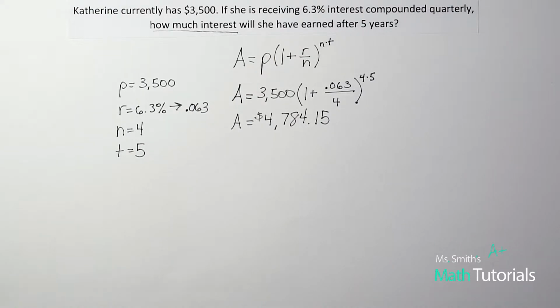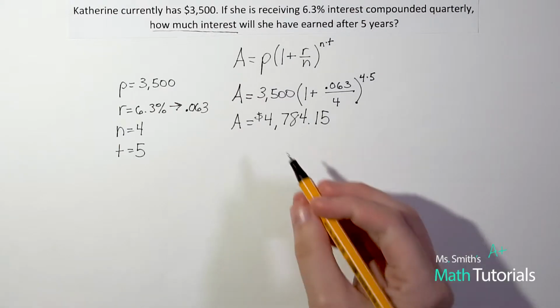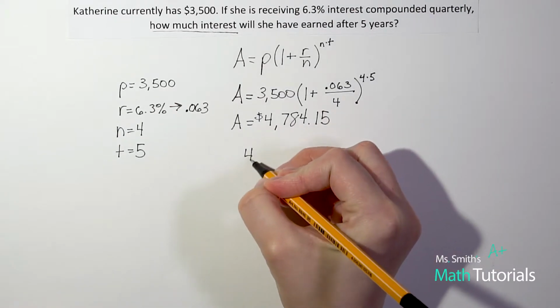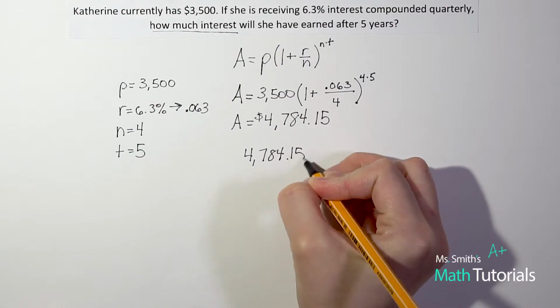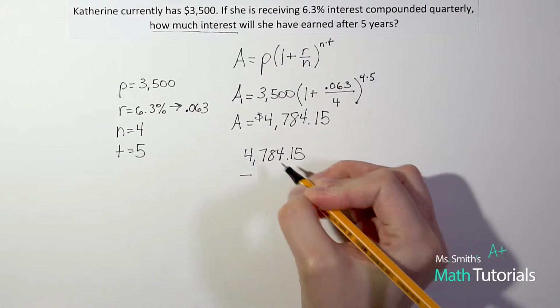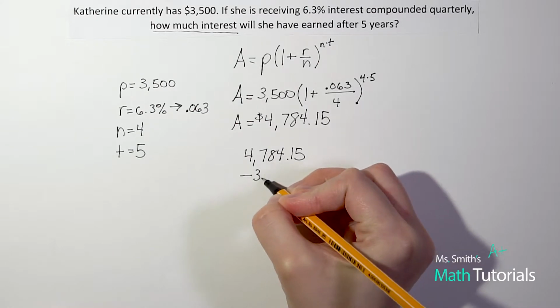Well, we need to find the difference between those numbers. So we want to take $4,784.15 and subtract from that $3,500.